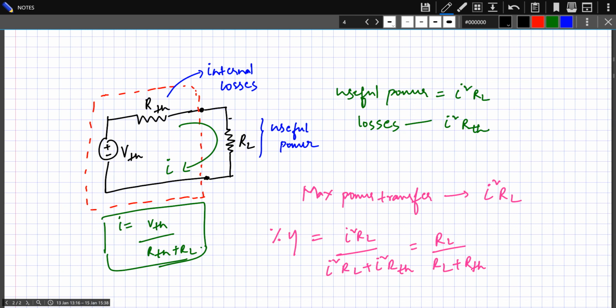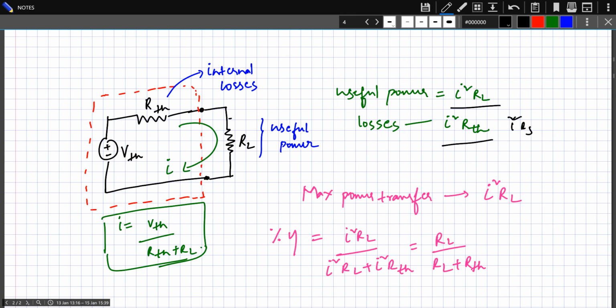The load power is the useful power taken through the load, and the losses, the source resistance or Thevenin's resistance, are just a model for the internal losses. So the useful power is I square RL, and the losses are I square RTH, the Thevenin's resistance, or I square RS. You can write either.